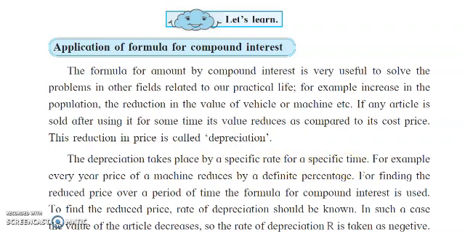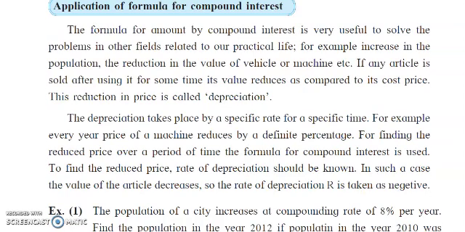Means that if you purchased a vehicle and you are driving that vehicle for 1 year, and after 1 year you decided to sell it. So if you have purchased it for rupees 45,000, then it will not be sold at rupees 45,000.